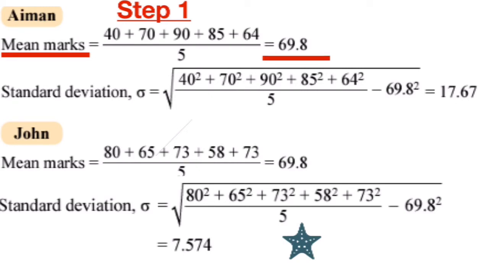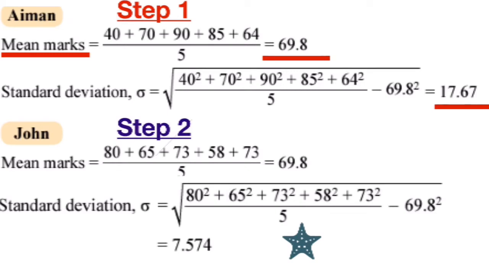Then you find the standard deviation: 40 squared plus 70 squared plus 90 squared plus 85 squared plus 64 squared divided by 5, minus 69.8 squared, which is the mean just now. Then you square root. Your standard deviation is 17.67, a bigger value compared to John.